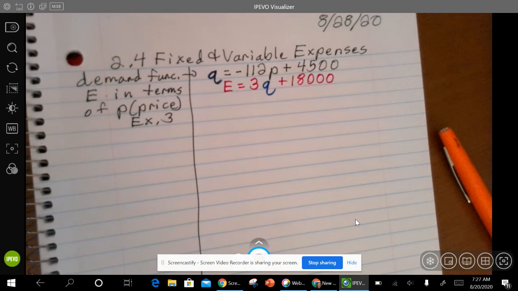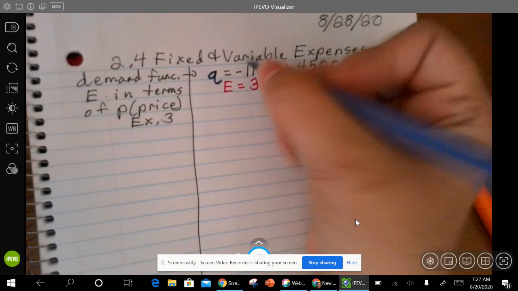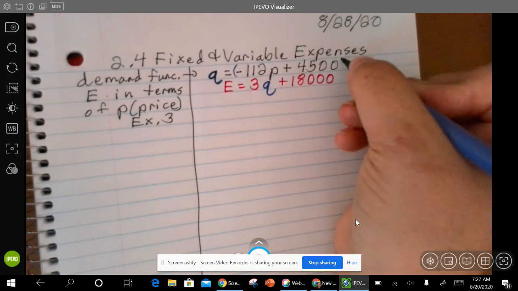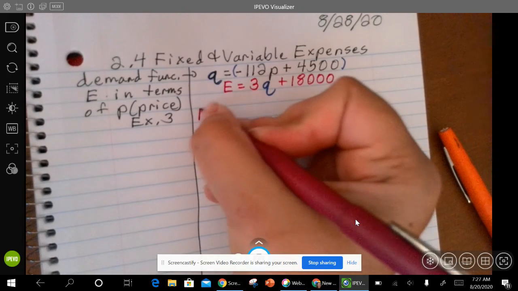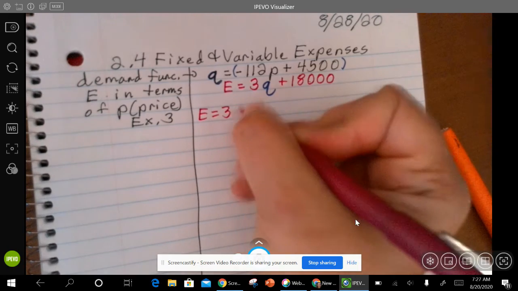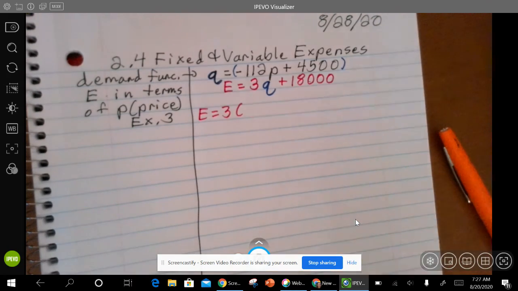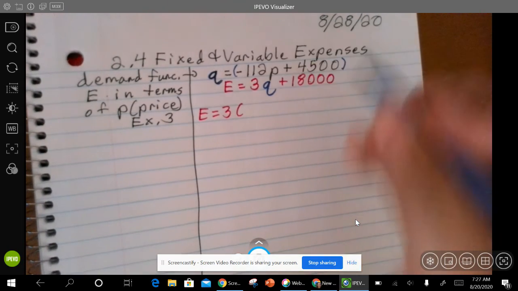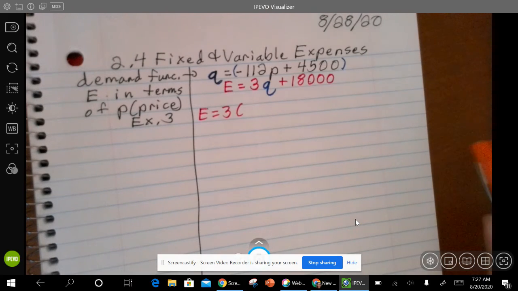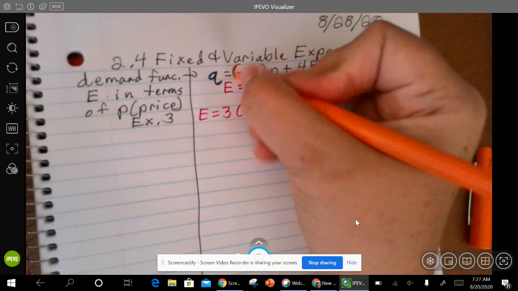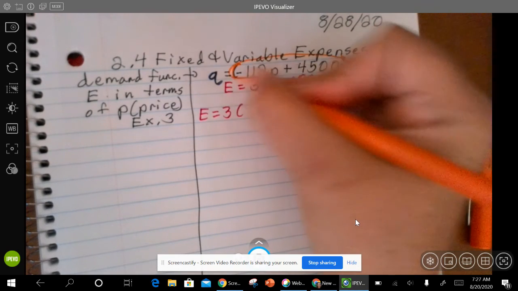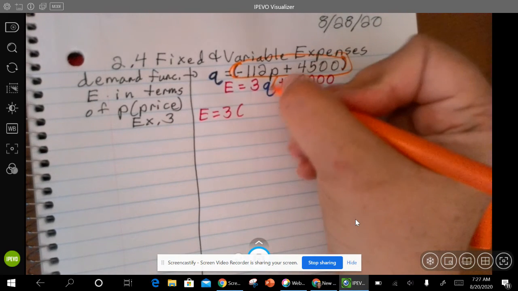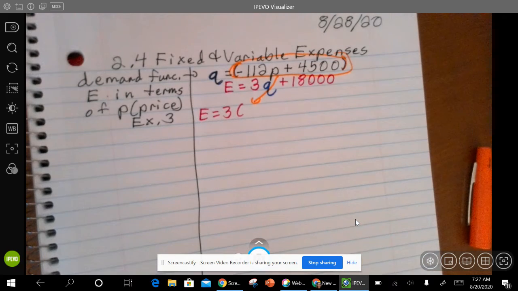So we're going to substitute all of this in for Q. So I'm going to go E is equal to 3, and I'm going to put all this part in for Q right here.